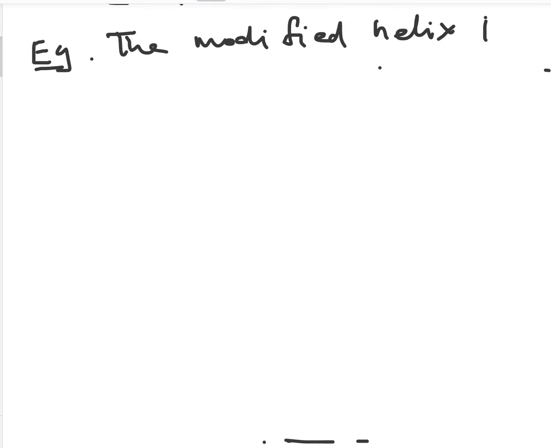So the modified helix is your vector r equal to, again, cosine t, sine t, so that will give you a circle of radius 1 in the xy coordinates, but the third coordinate is not t, but rather e to the t. So what's happening is you've got this helix going like this.